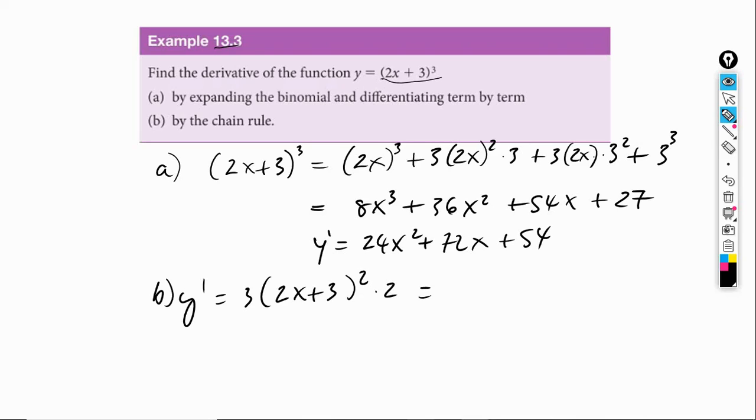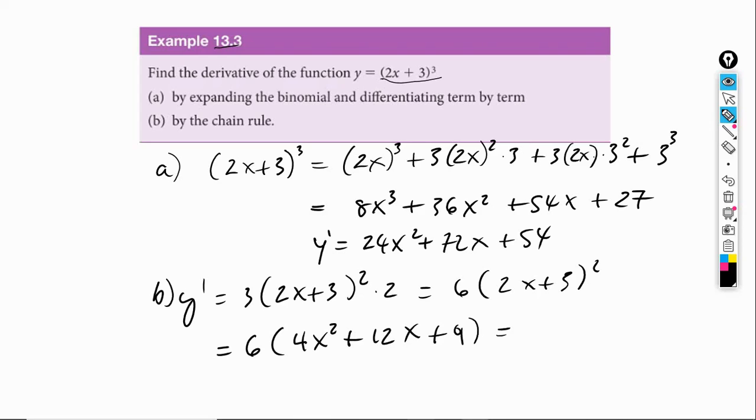So really, it's just going to be 6 times (2x plus 3) squared, which is the same thing as 6 times (4x squared plus 12x plus 9). And then if we multiply all of this by 6, we're going to get 24x squared plus 72x plus 54, which is exactly the same result.